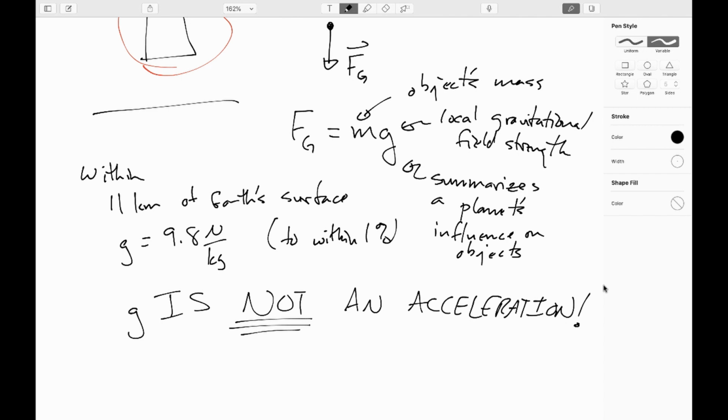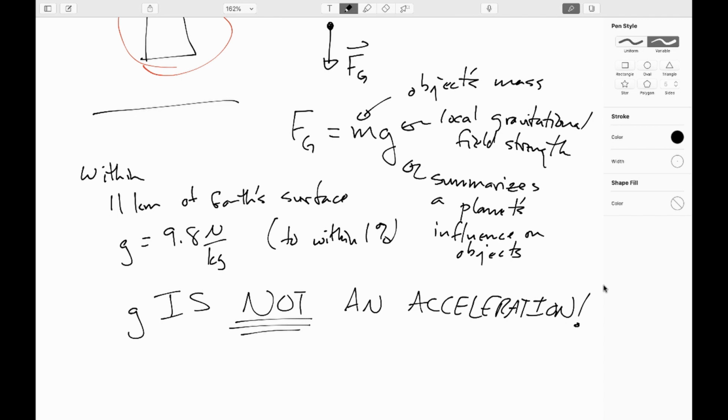Now this value of g does vary with altitude. So as an example, at the height of the International Space Station, it's actually kind of easy to remember. It's 8.9 newtons per kilogram, not 9.8. So the farther away you get from the Earth, the weaker it is.